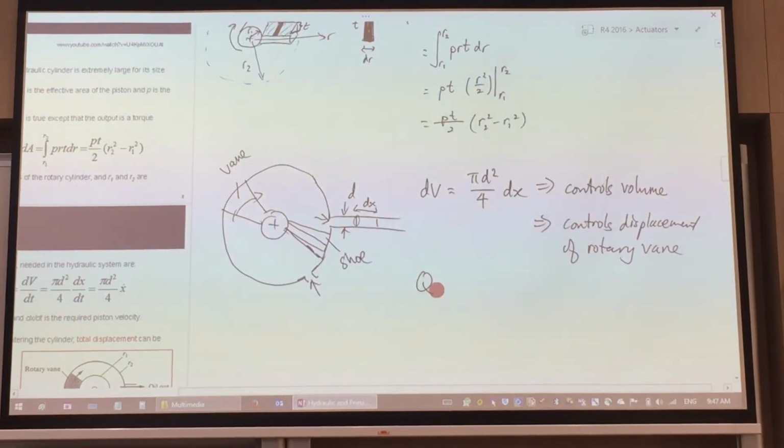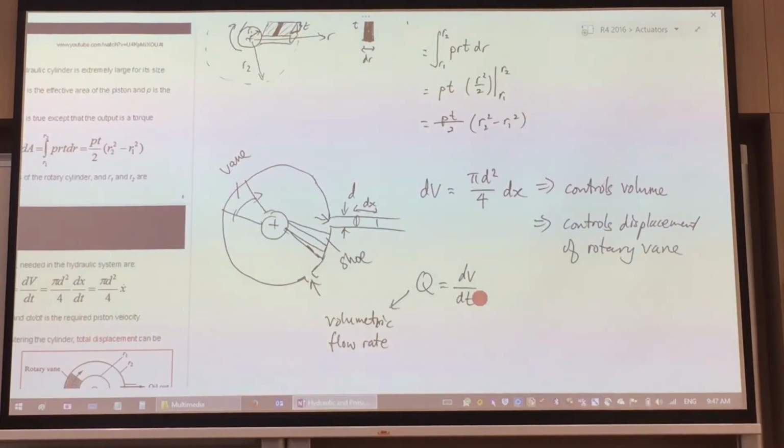Let's look at the other one, flow rate, volumetric flow rate particularly. For volumetric flow rate, that will be dV dt, the volume change over time.